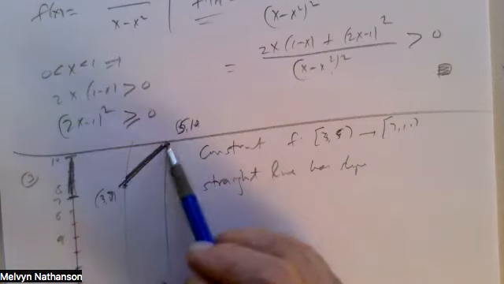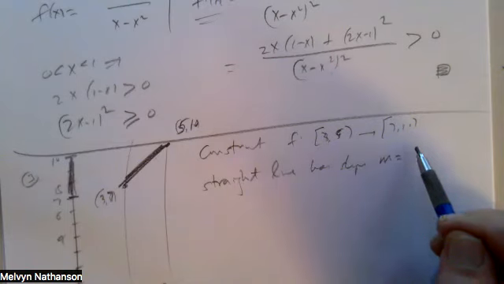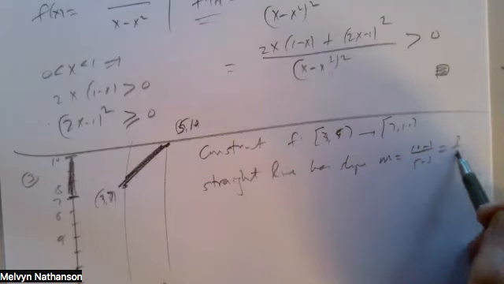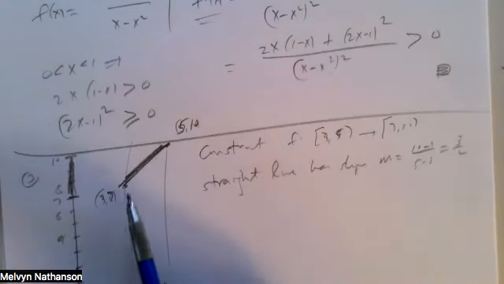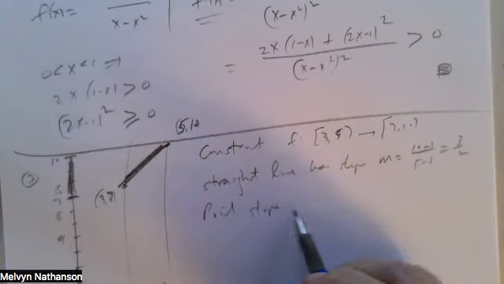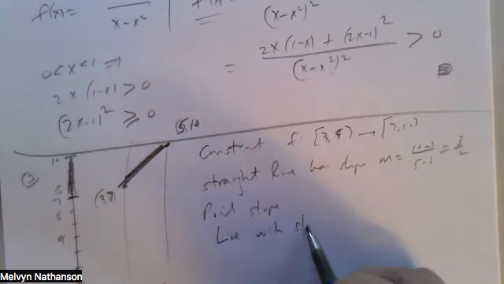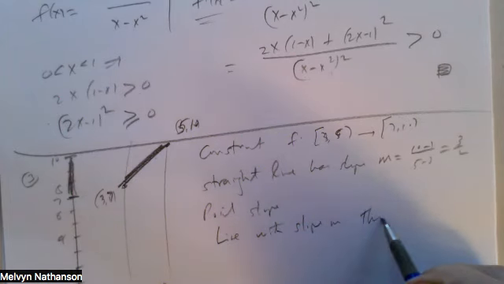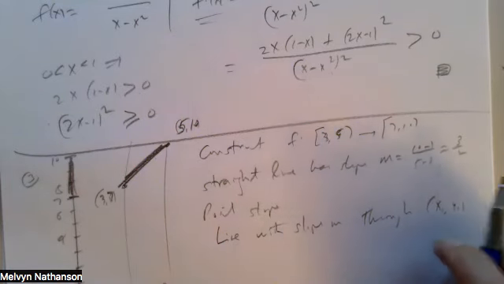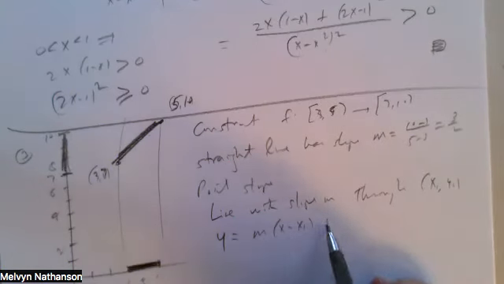I want the line from 3, 7 to 5, 10. So the slope of this line, call it m, is 10 minus 7 over 5 minus 3, which is 3/2. So the point-slope formula: if you have the line with slope m passing through a point x1, y1, what is the equation of that line? It's y equals m times x minus x1, plus y1.